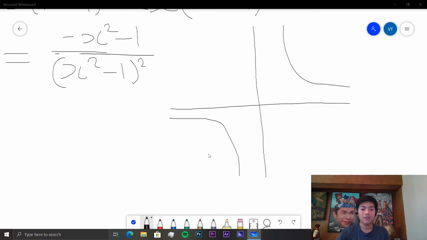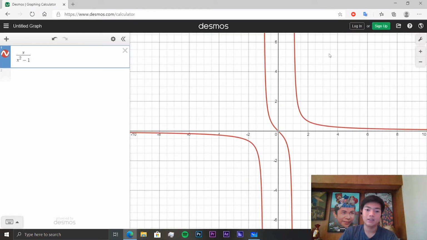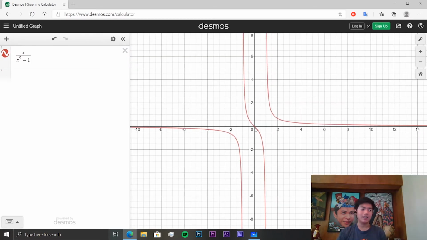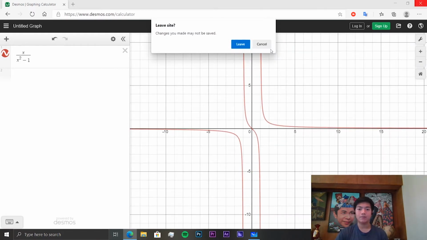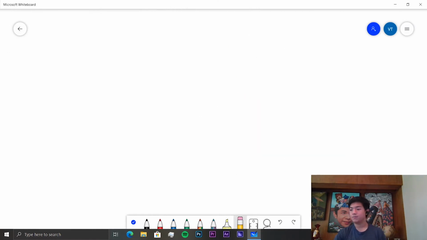I did not account for that, but actually there is a line that goes through the center, as you can see here in this graph. Normally if you were asked to sketch it, I think you would be allowed to use a graphical calculator, but this is what the graph looks like. Very interesting graph. Anyways, on to the next question.